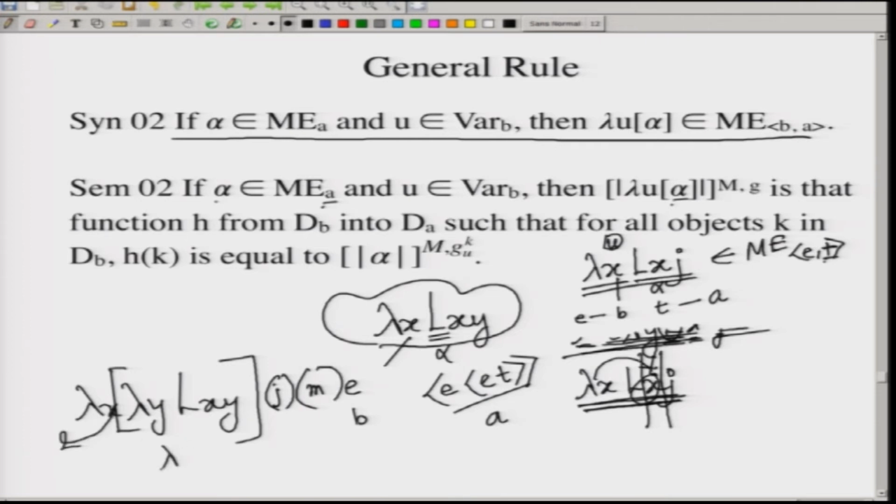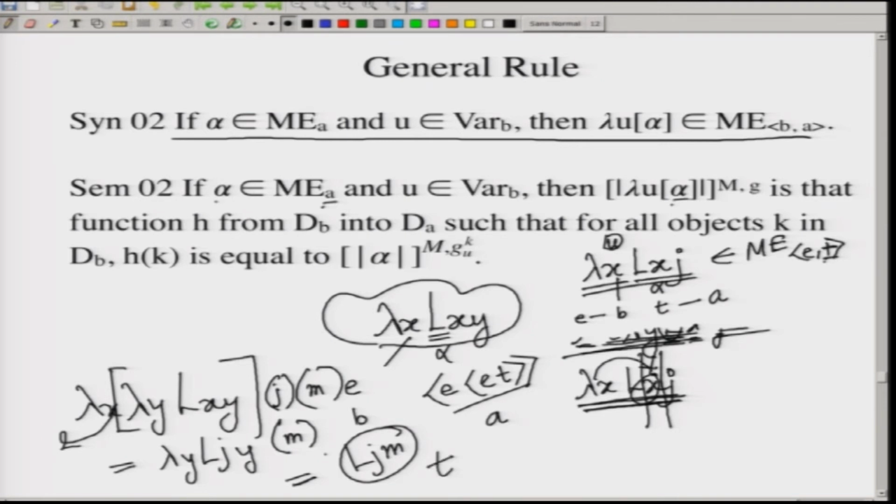The first step will be lambda y L j y, and then that takes m, and finally m goes in, and you are left with L j m, which means that j loves m. Now, this is t, right?